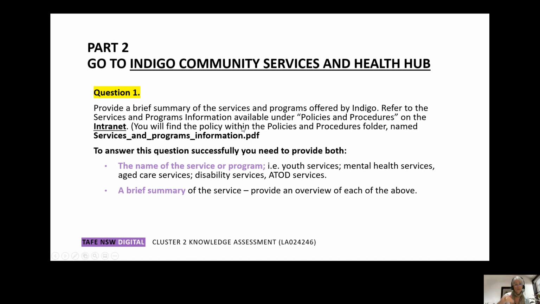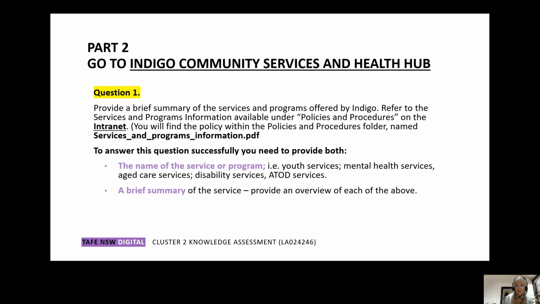So under policies and procedures, you will find the policy within the policies and procedures folder named services and programs information. So policies and procedures tab, look for this particular document, services and programs information. And when you open it up, it's like a brochure, and it will list all the different services in Indigo.